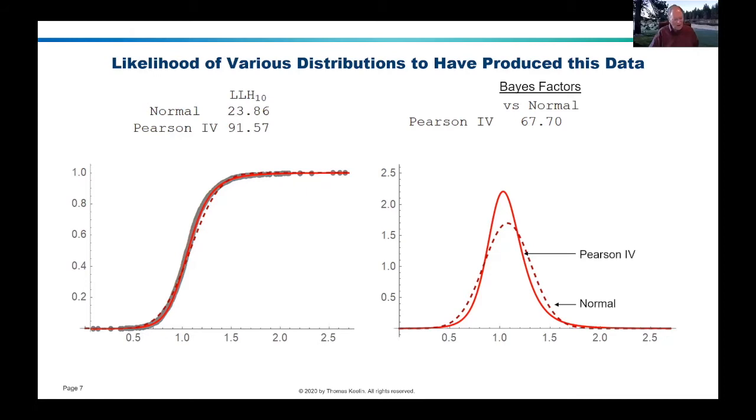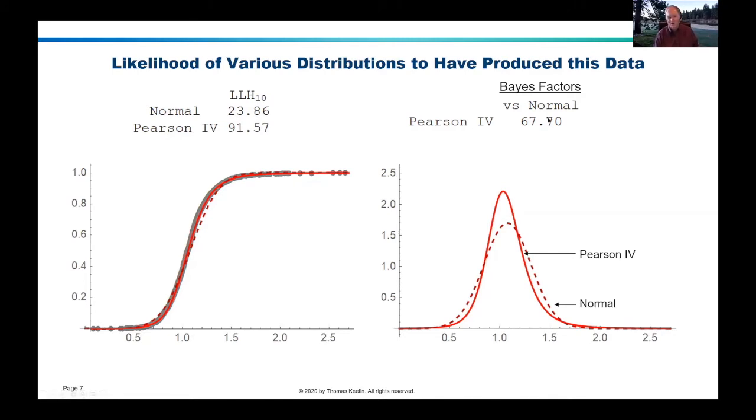And famously, Harry showed in various papers, along with some well-known colleagues of his, that if you started from a Bayesian perspective, without knowing this analysis, and asked how likely it is that the normal distribution could have generated this data versus the particular Pearson 4 distribution, for which he found particular parameters, then suppose you started with your probability at 50-50 as your prior.